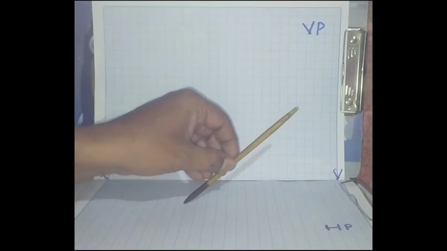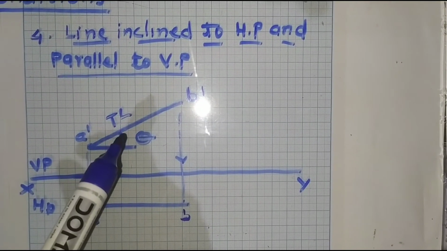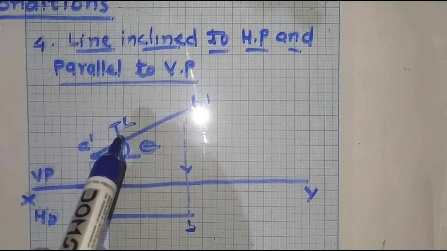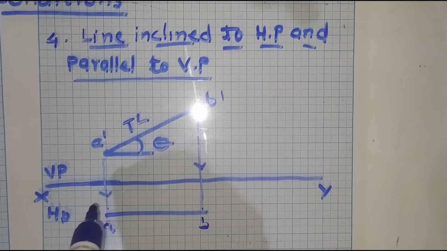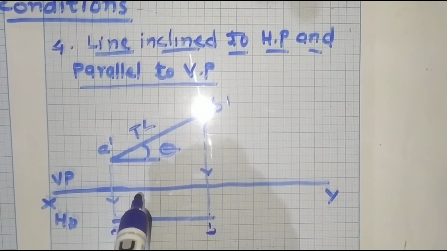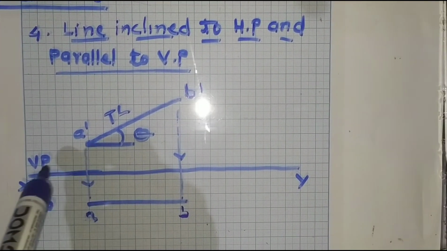If the point is in HP, it is on the XY line in the front view. This is the condition we have to understand. Now look at this condition. As you observe, the line is inclined to HP and parallel to VP.